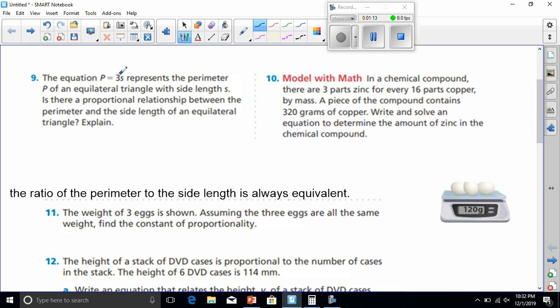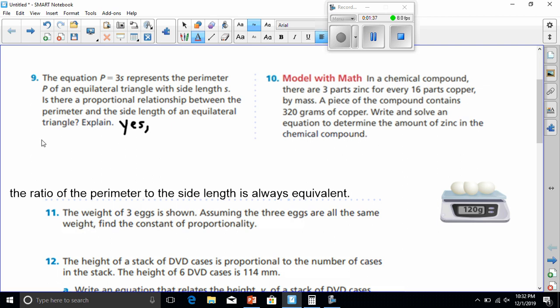And the constant of proportionality is 3. So the answer is yes, there is a proportional relationship. And why? Well, because P equals 3s is the proper equation for a proportional relationship.